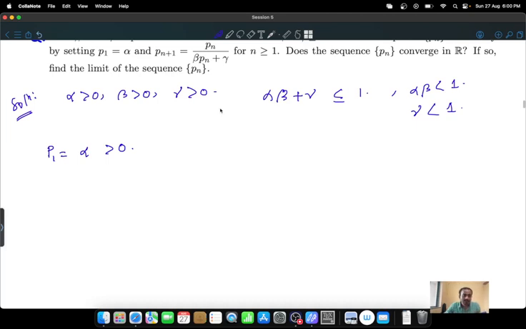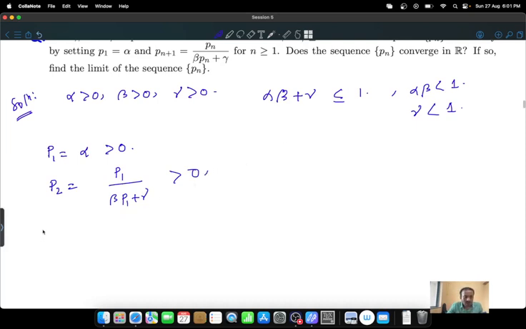So inductively, the second term from the formula will be P2 equals P1 by beta P1 plus gamma. One thing that is clear from here is that this is also a strictly positive number, because if P2 were 0, then P1 would have been 0, but that is not the case. So that you know at least.